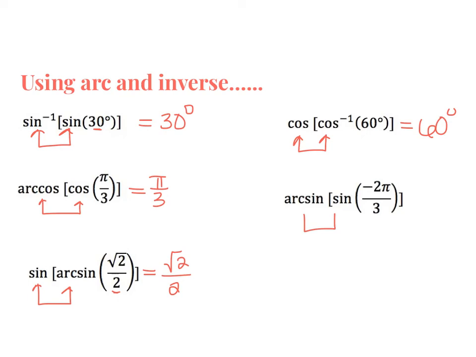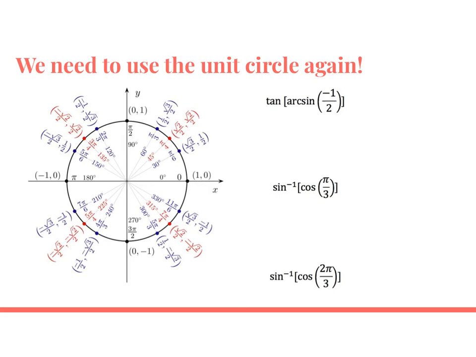A last example here, again, arc sine and sine cancel each other out and just give you negative 2 pi over 3. Not all of these are going to cancel each other out. You can see on our first example on this page, we have a tangent of an arc sine of negative 1/2. We need to follow our order of operations, so we're going to do what's inside the bracket first.